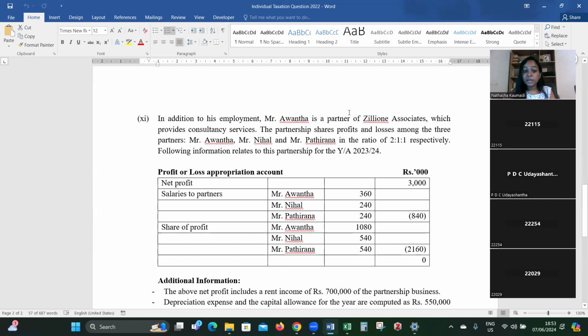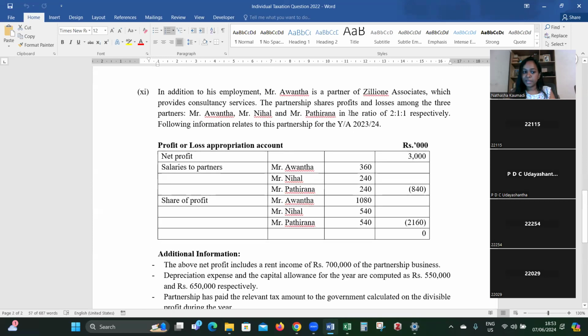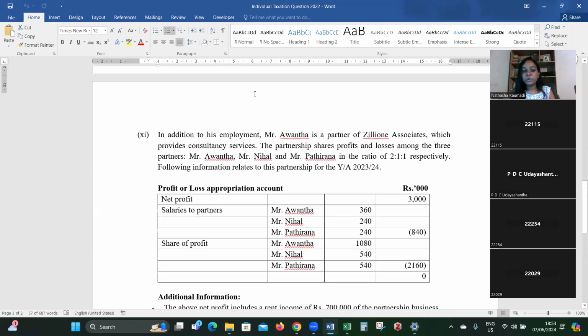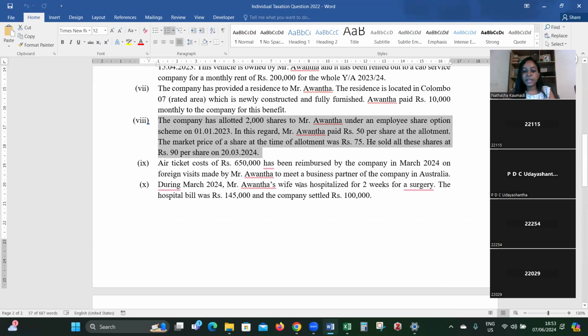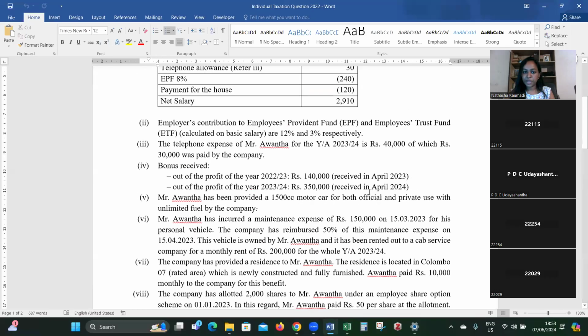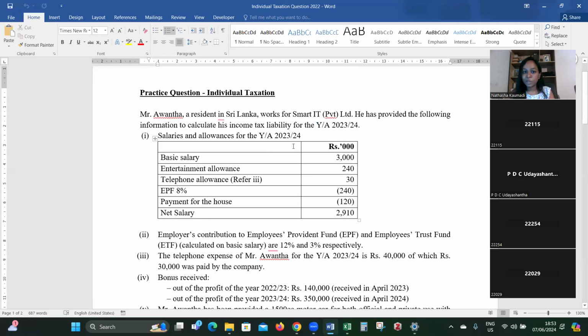Right. Number 11. Up to this point, did you see any information related to a partnership? No, right? It was all about his employment. Avanti is working in Smart IT Private Limited.